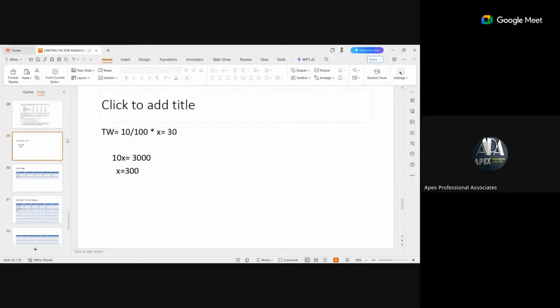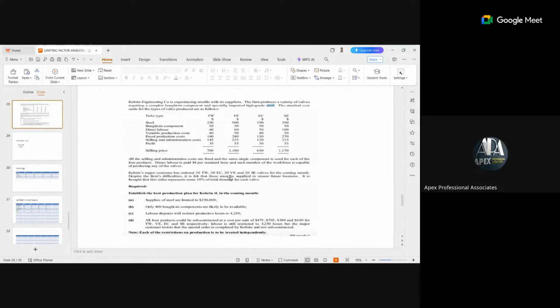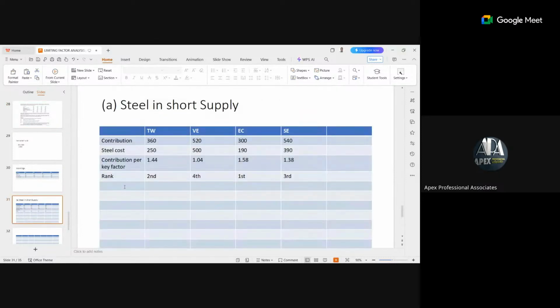So 10% of 200 will give you 20. So it's a kind of working easily. You work from the known to get the unknown. That is what we've done. So by the time you settle down and look at it very well, you should be fine. Let's fire on.